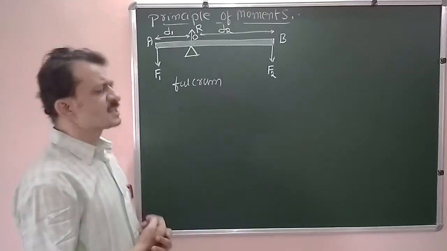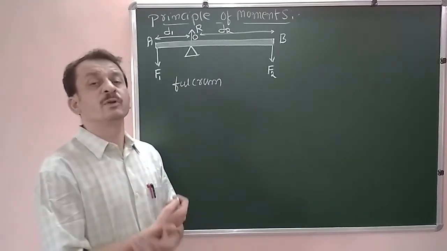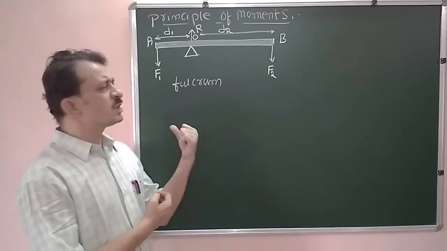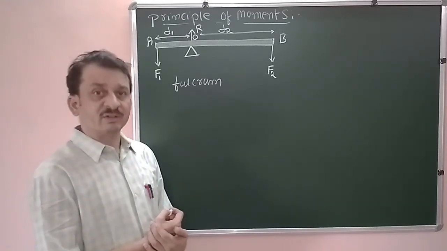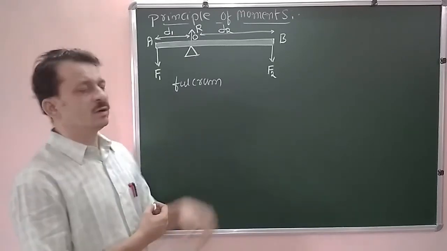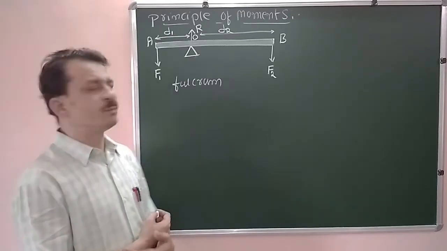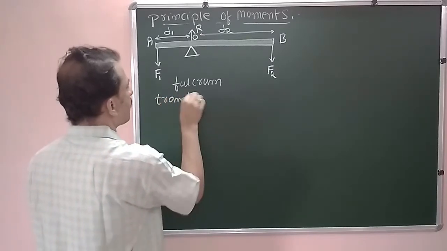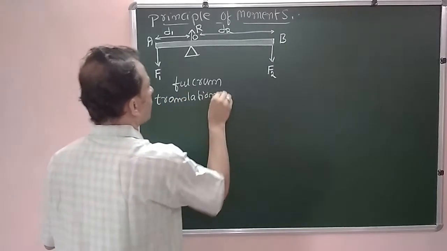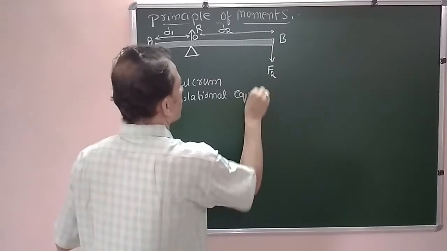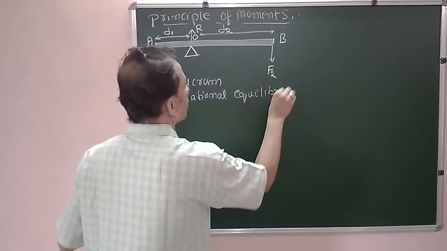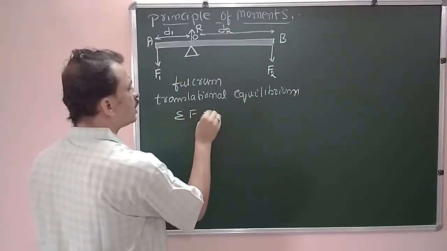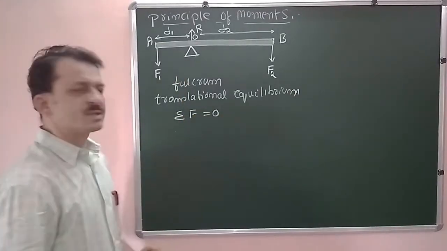Now this lever is a system of mechanical equilibrium. That means it is both in translational equilibrium and also in rotational equilibrium. For the translational equilibrium, what is the requirement? The vector sum of all the forces acting on the lever system is equal to 0.